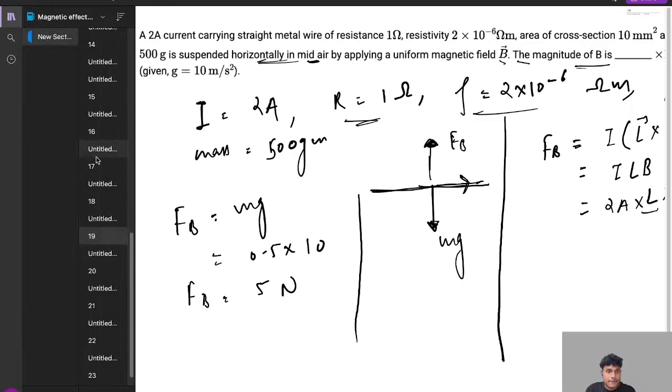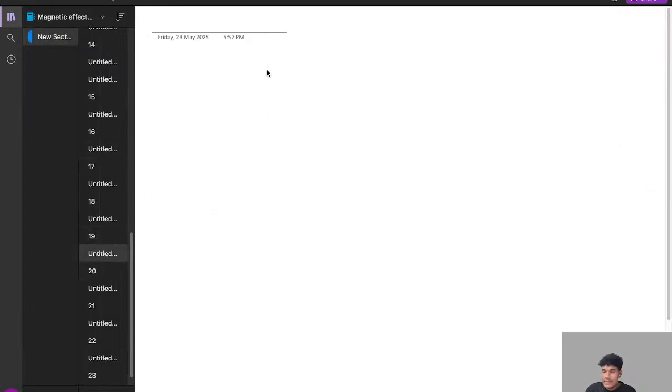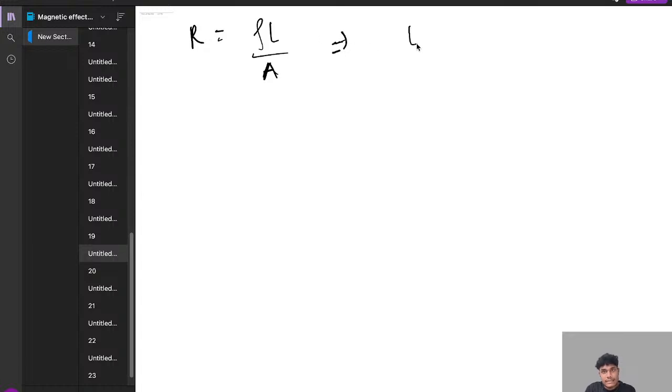So if we see, resistance R is equal to rho L upon A. Understand? From here we get length is equal to R A upon rho. Resistance is 1 ohm.